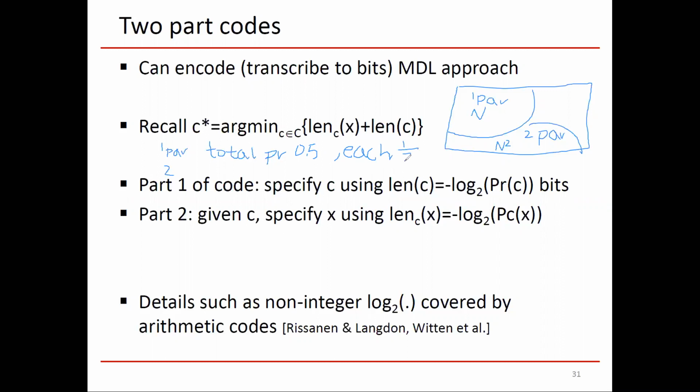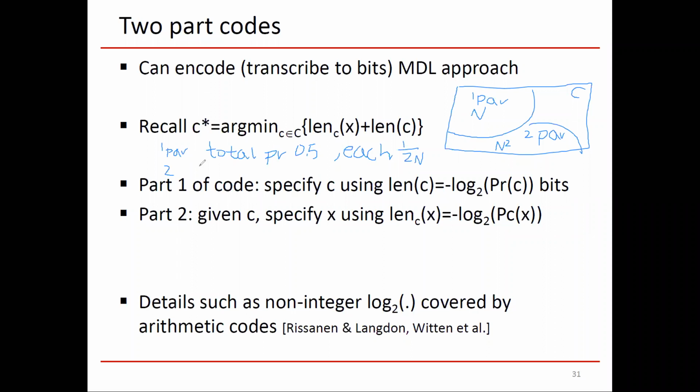Now, think about it. I have n possible parameters, n possible classes within the model class, capital C, so capital C for model class. N multiplied by 1 over 2n is 1/2, and 1/2 is the total probability assigned to this subclass.